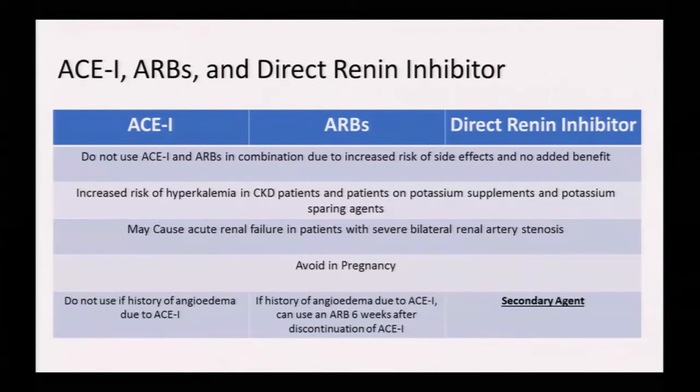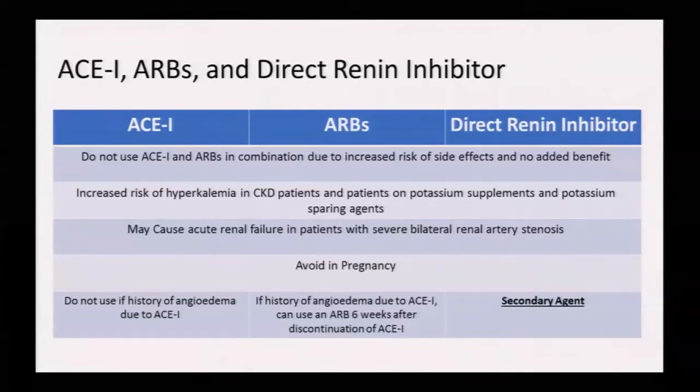ACE inhibitors can cause angioedema, and if they do, you never give them to the patient again. Now, with ARBs, usually in practice, if our patient had angioedema due to an ACE inhibitor, then we don't give them ARBs. But per the ACC recommendation, you could still use an ARB, but you should use it 6 weeks after the discontinuation of the ACE inhibitor in those patients that had a history of angioedema.